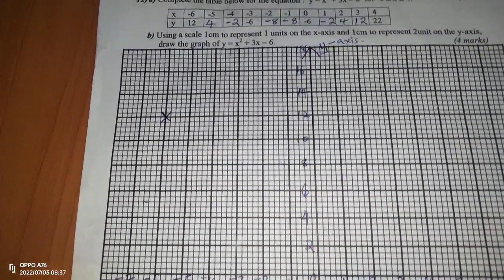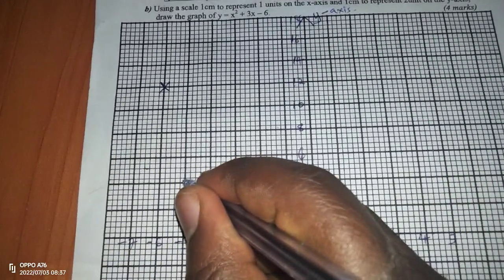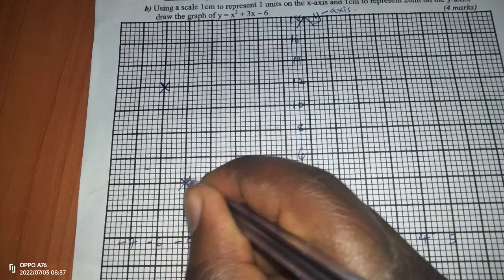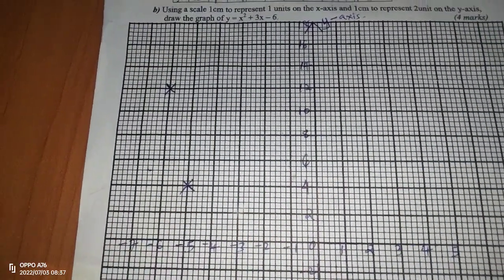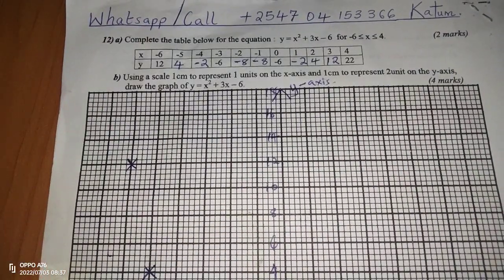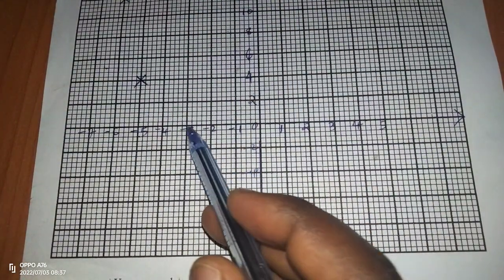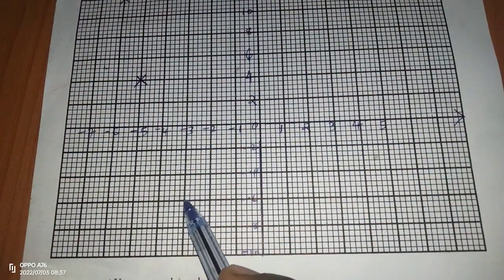So that is the first plotting. -5, +4. So -5 and +4 is a coordinate here. The coordinate is there. We have -3 and -6. So -3 is going with -6. So this point.